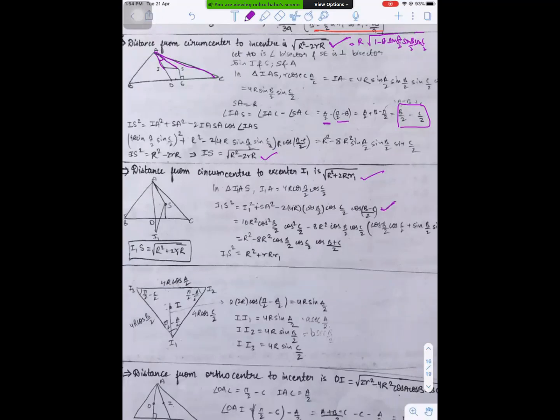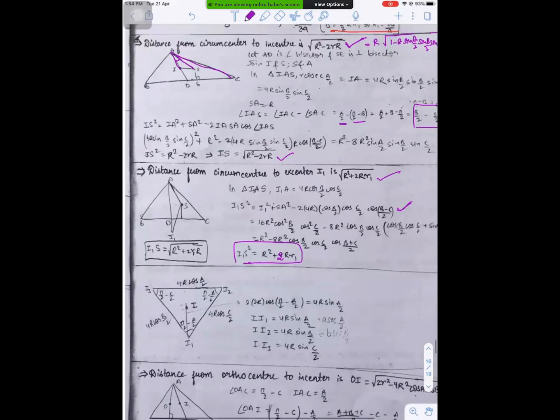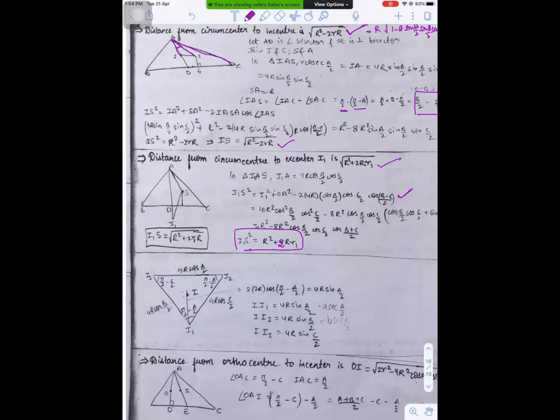The only difference is that last time we used the length AI, and here we are using the length AI1. After doing all the calculations, we get R1S is exactly square root of R square plus 2RR1. The same logic you can use to find I2S and I3S also.